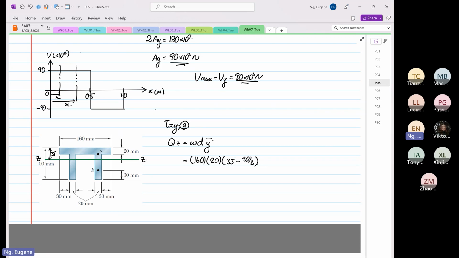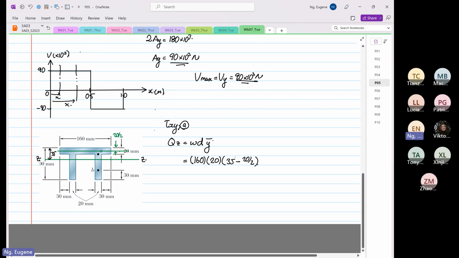Okay, some of you will be a bit confused, but don't be. Why is that? Because at the distance, the section or the defined area of interest, the center is here, and the distance from here to here is 20 divided by 2.